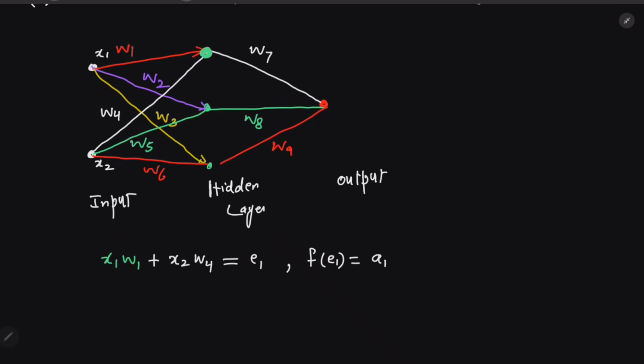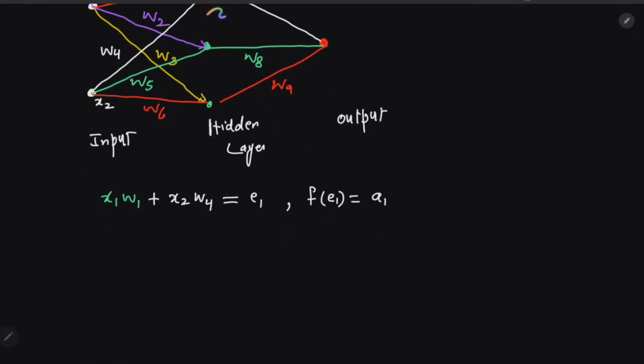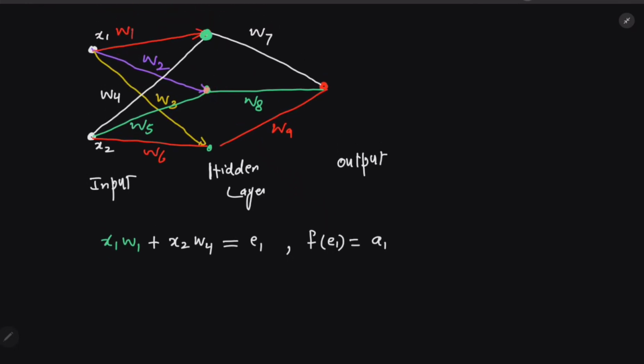Now we calculate the next value on the second neuron of the hidden layer. You may see what information is coming into it.